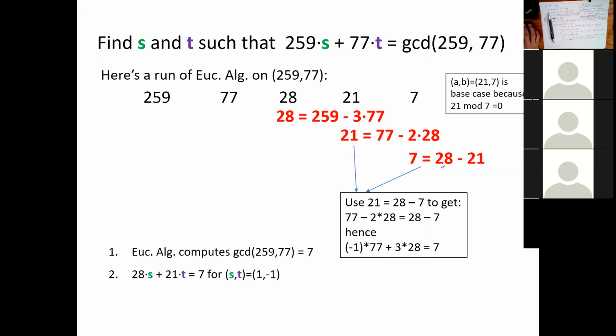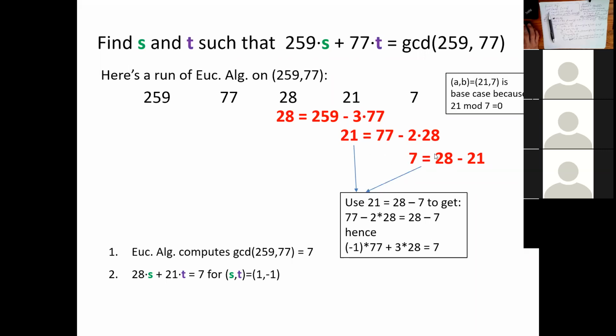So 7 is 28 minus 1 multiple of 77 minus 2 multiples of 28. This minus became a plus, and I had 1 multiple of 28 here, and I essentially added 2 multiples of 28, so I got 3 multiples of 28.